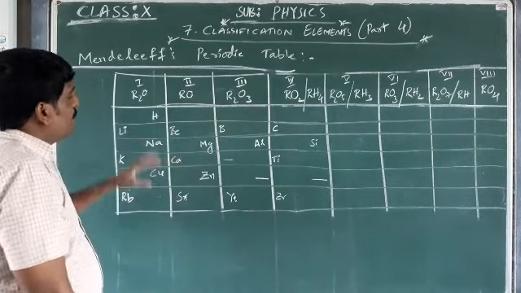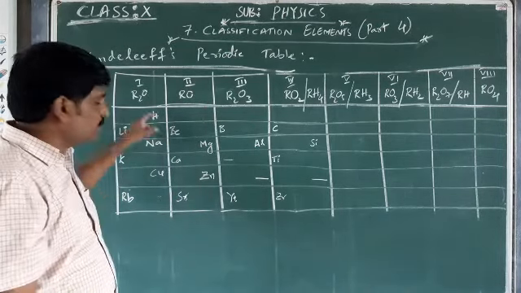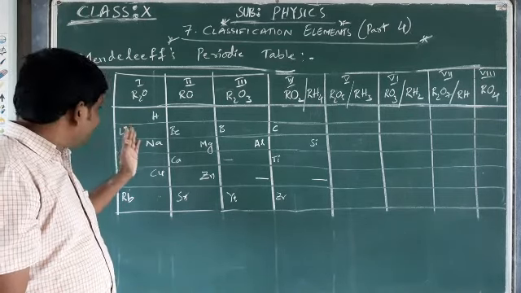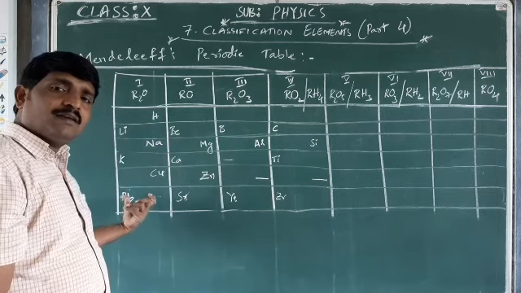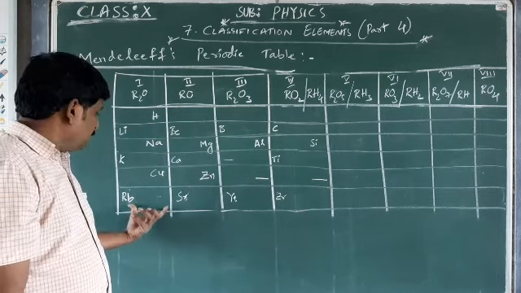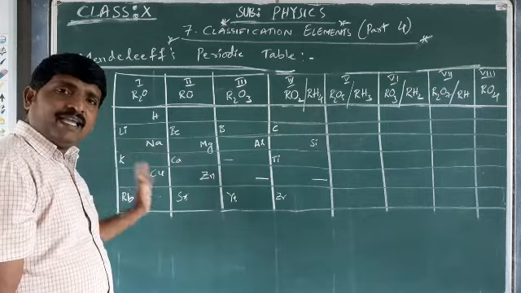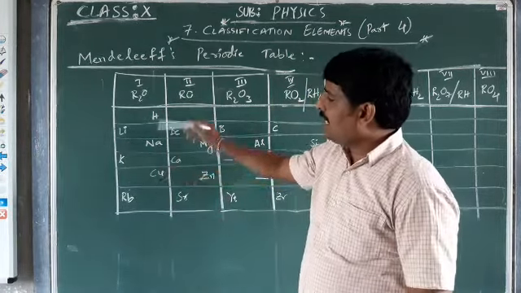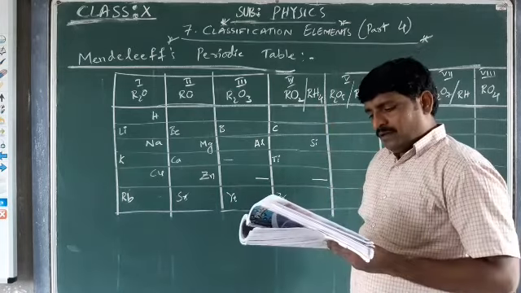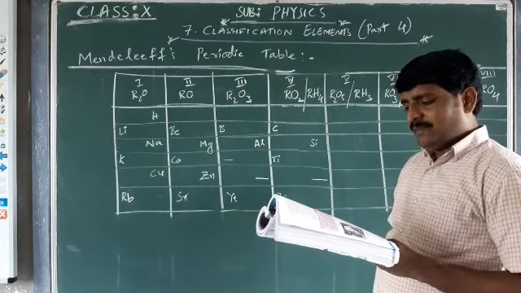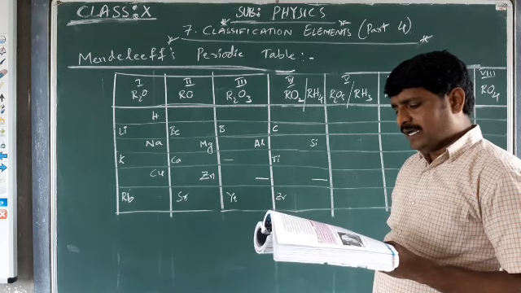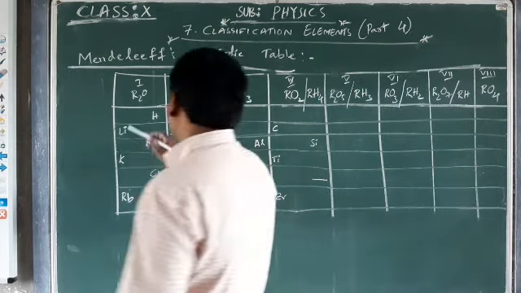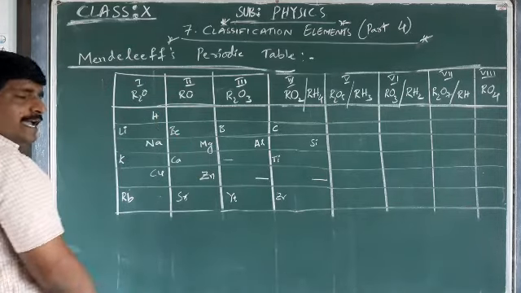Even though these elements possess similar properties, we would find a small difference even within that group of elements, so he categorized them again and made subgroups, which he refers to as A and B. He said that the elements in a group have similar properties, and elements along the period, the horizontal row, have different properties.